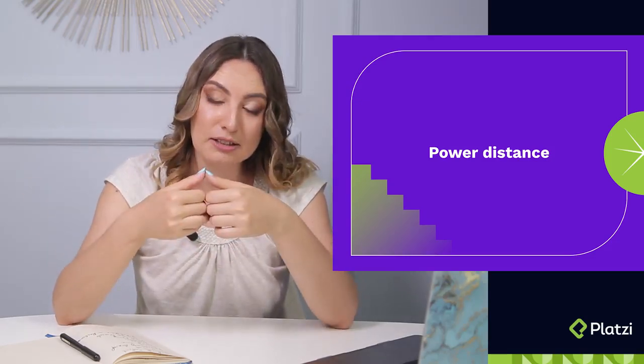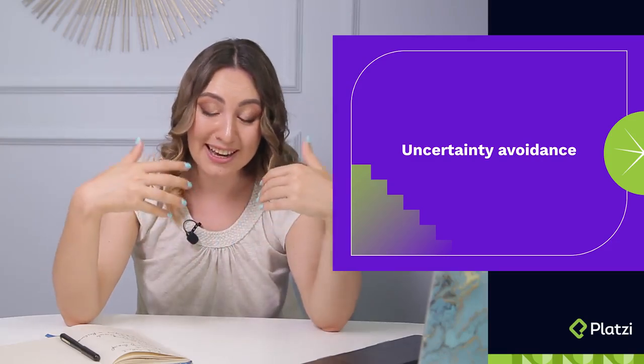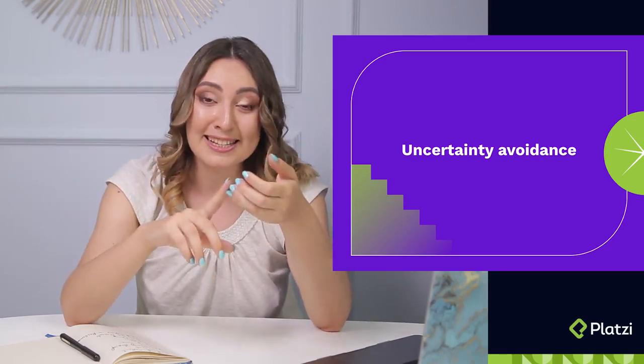The next one is uncertainty avoidance. And this uncertainty avoidance could be weak or could be strong. So in weak uncertainty avoidance cultures, people are rule breakers. They don't care what's going on. They are used to ambiguity, uncertainty. They are fine with oral agreements, any agreements that are happening on the go, and they can bend the rules.